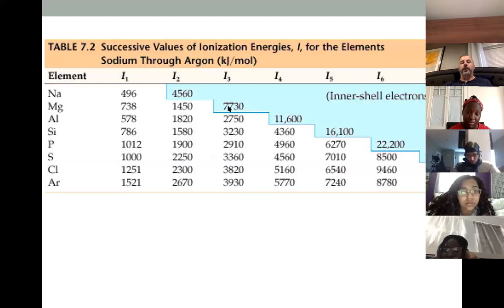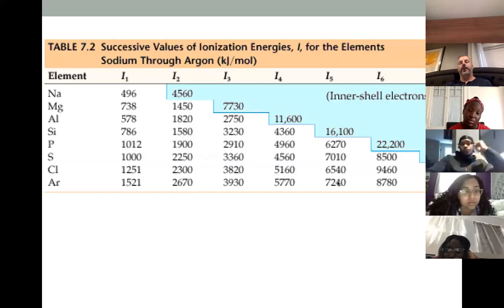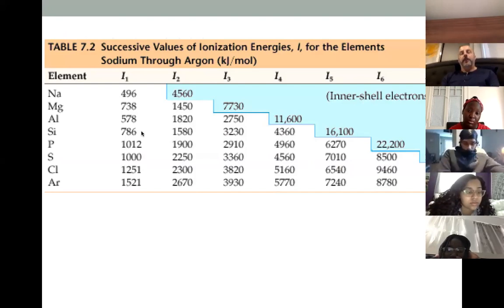And so what you do in these problems is you always look where the jump occurs. Where do you see a massive increase? And that's going to help you figure out how many valence electrons it has. Because the valence electrons are all pretty similar in number. Once they're all removed, you see a huge jump. So for example, we know silicon has 4 valence electrons. 1, 2, 3, 4.